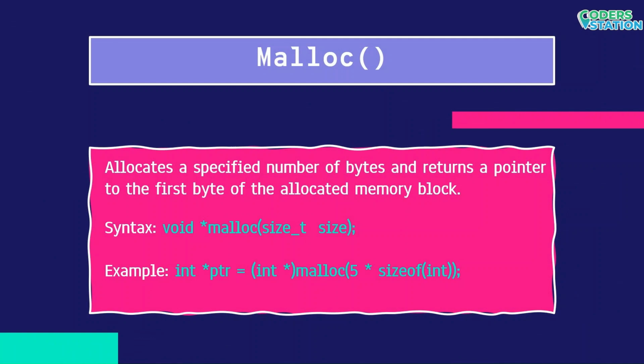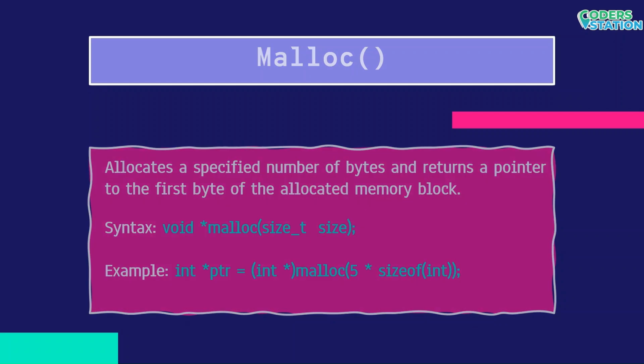In this example, int *ptr = (int *)malloc(5 * sizeof(int)), the malloc allocates memory for 5 integers. The sizeof(int) ensures the correct number of bytes is allocated to the variable.